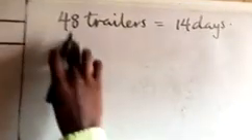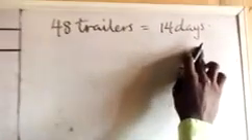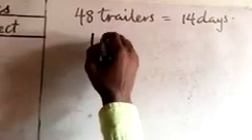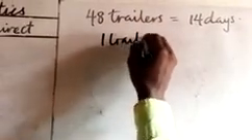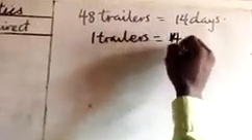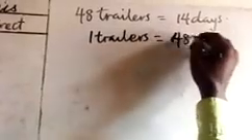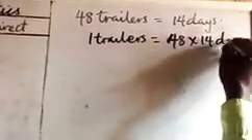So if 48 trailers is equal to 14 days, it will take one trailer 48 times 14 days to empty the warehouse.